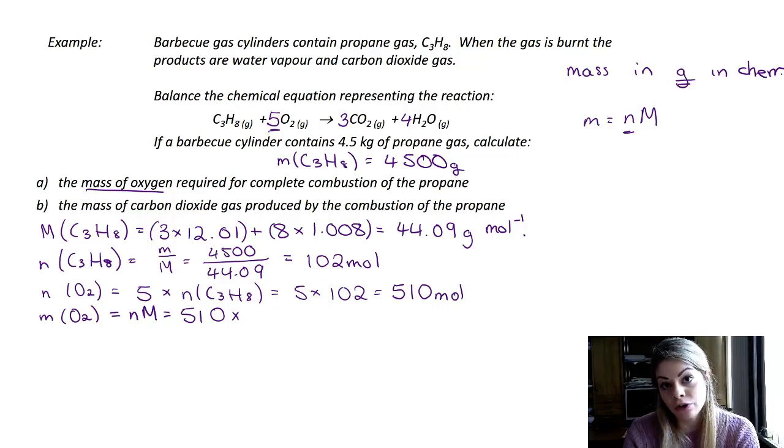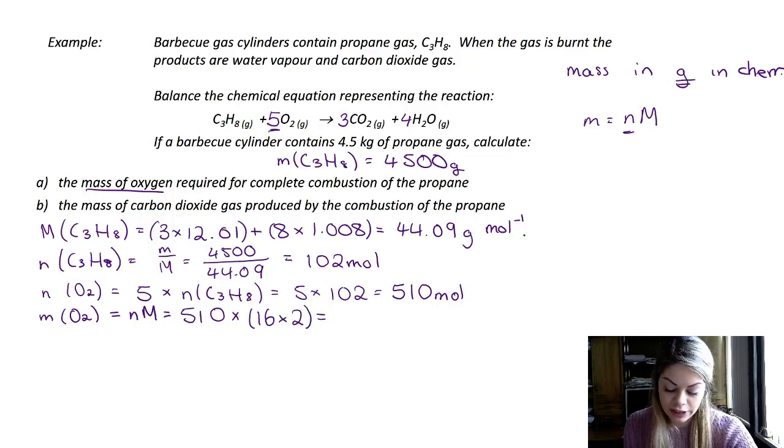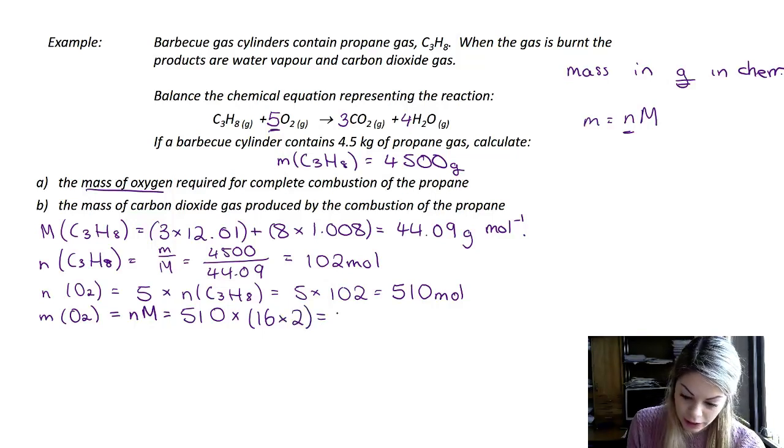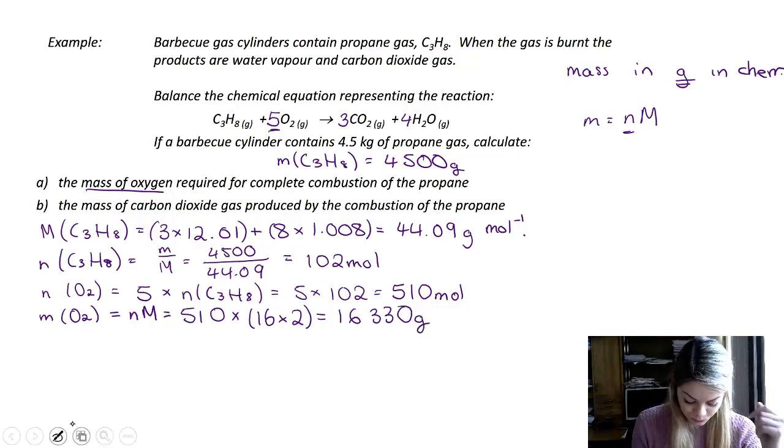The molar mass of an oxygen molecule is what we're interested in, not the molar mass of 5 oxygen molecules. So the molar mass of an oxygen atom is 16, but we have 2 in an oxygen molecule, so times by 2, and 510 times by 32 gives me 16,330 grams of oxygen.